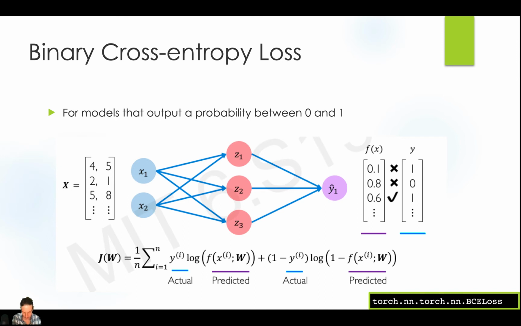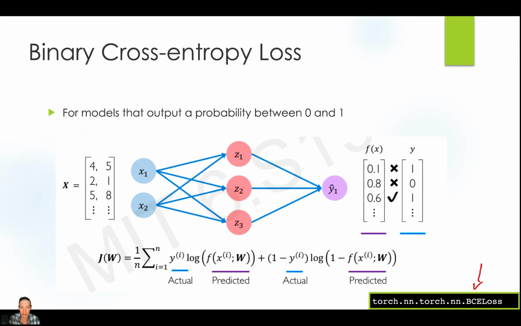Now, in the case that we use a binary cross-entropy loss, something we discussed last week, we can calculate J of W as follows. In PyTorch, it's very easy. You just say use BCE loss. Easier than doing the actual calculation, right?